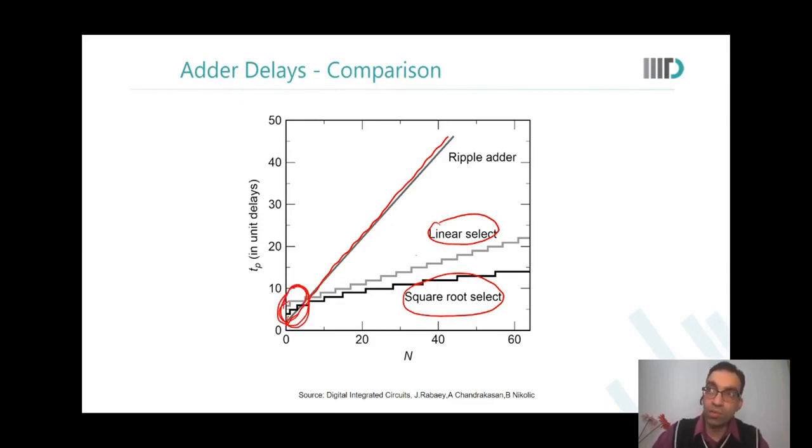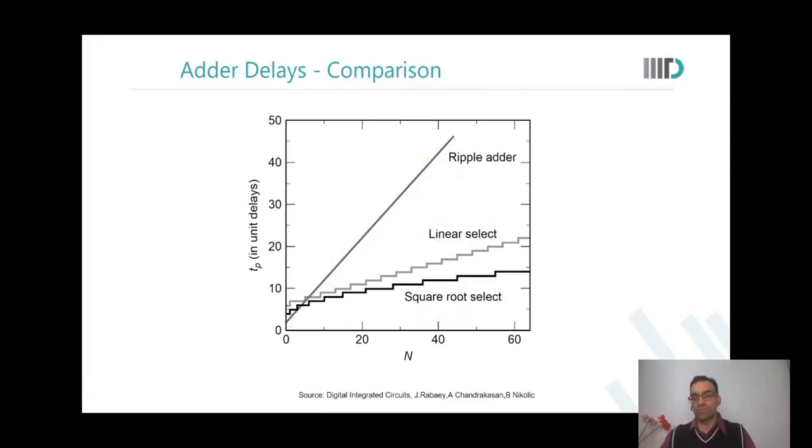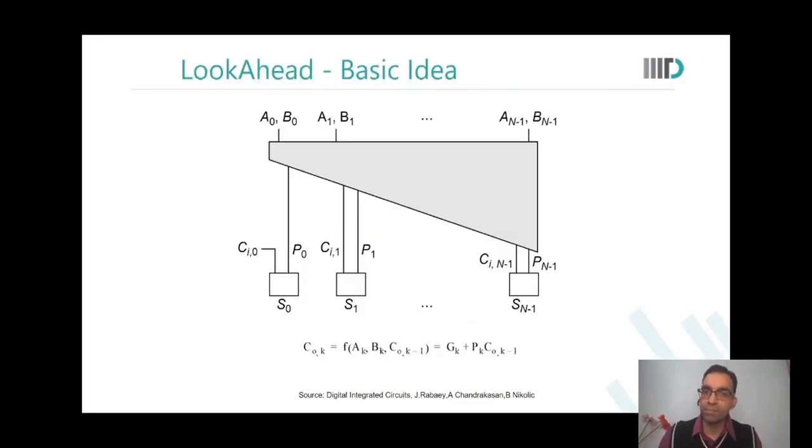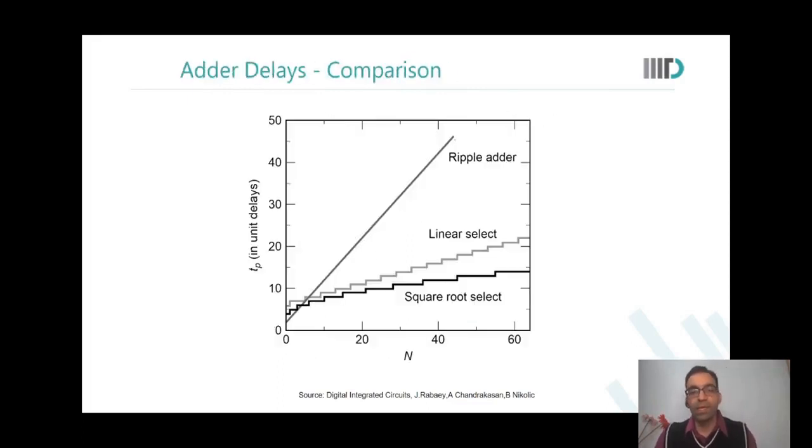But today, as we are talking about 64-bit processors and then probably 128-bit in a little while, you will see that at more number of bits, square root select or linear select adders are much faster. So you can choose which one to use. Okay. Is it clear till here?